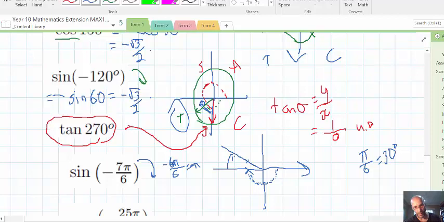So that angle is pi on 6, and we are in S. So sine is positive, so this answer will be positive. So it'll be the same as sine of pi on 6, which is like sine of 30, which is a half.